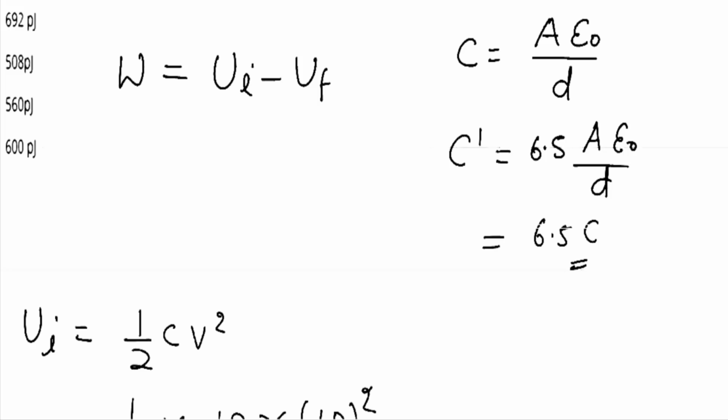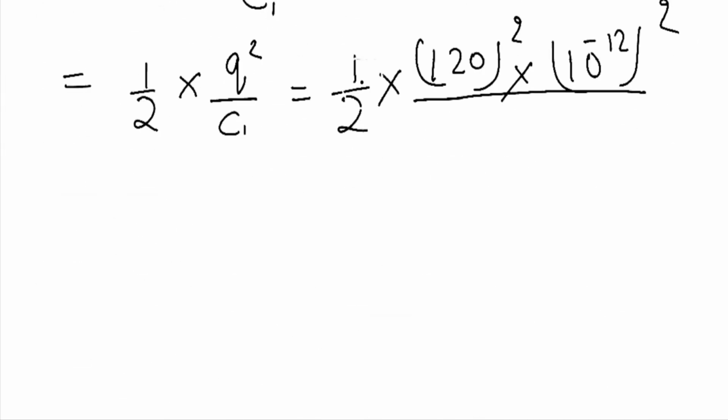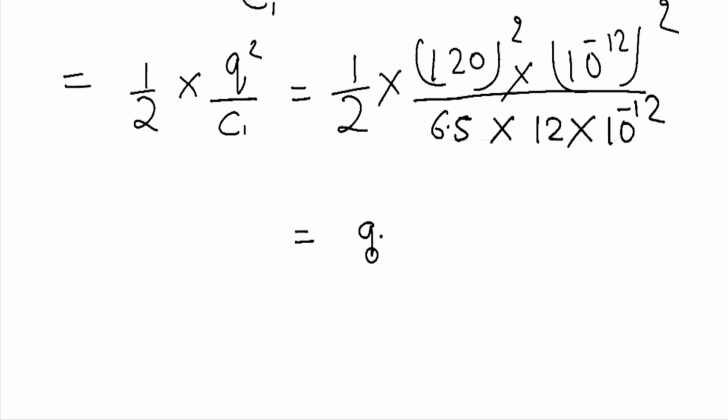C dash will be 6.5 times C, and C is 12 picofarad, which in farad is 10 to the power minus 12. If we solve this, we will get 92 picojoule.